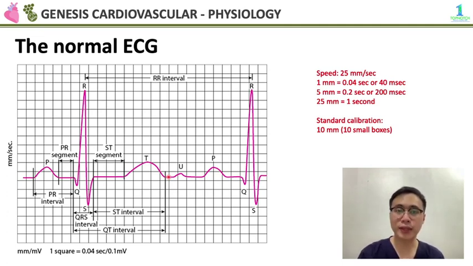So this is important, no? So the U wave, on the other hand, will come after the T wave. And it's not a normal finding. Yung U wave could be representative of hypokalemia. Okay? And then you start another PQRST na naman. So the R to R interval will help us determine the rate later on.